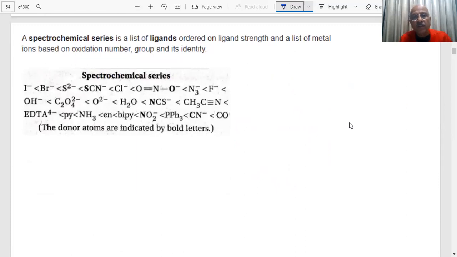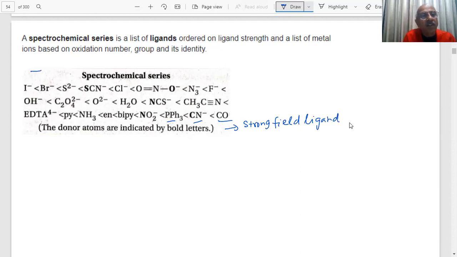This side has the strongest, very strong ligands. They will cause large splitting, and these are the weak field ligands. So halogens, you can see I minus, Br minus, Cl minus, they are weak field ligands. Their splitting energy is small.